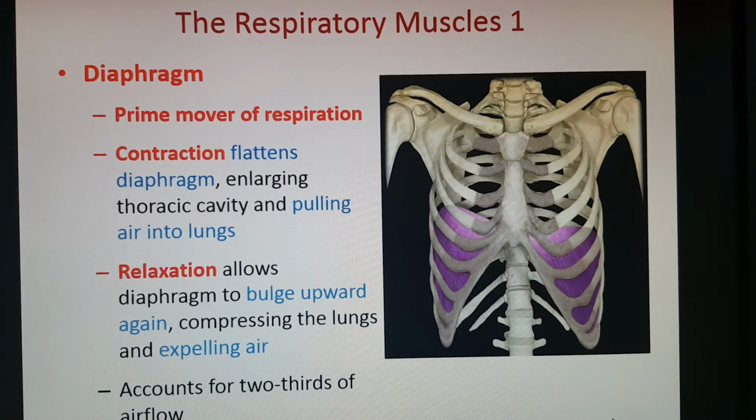So instead of being in this umbrella-looking shape, it flattens when it contracts, which helps to enlarge the thoracic cavity and therefore pulls air into the lungs. During relaxation, the diaphragm bulges back up into its more umbrella-like shape, which then compresses the lungs and helps to push air out.